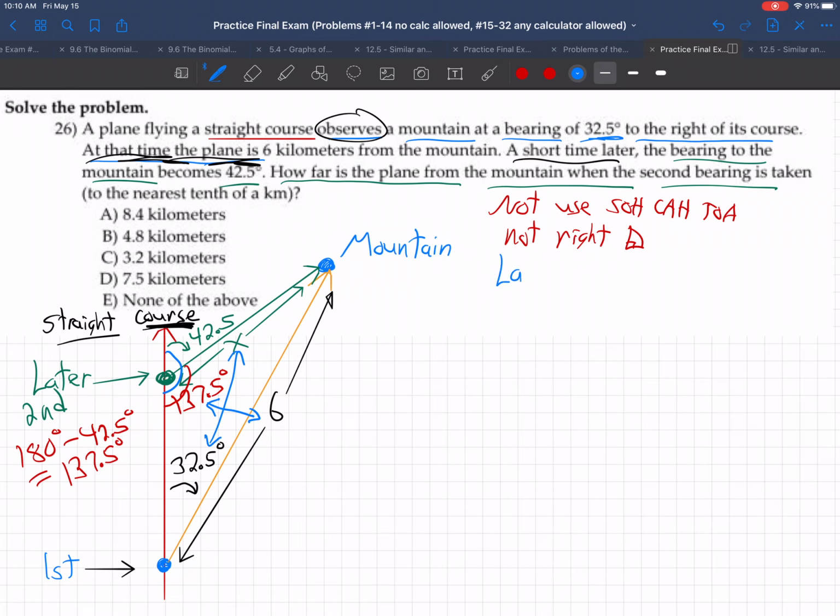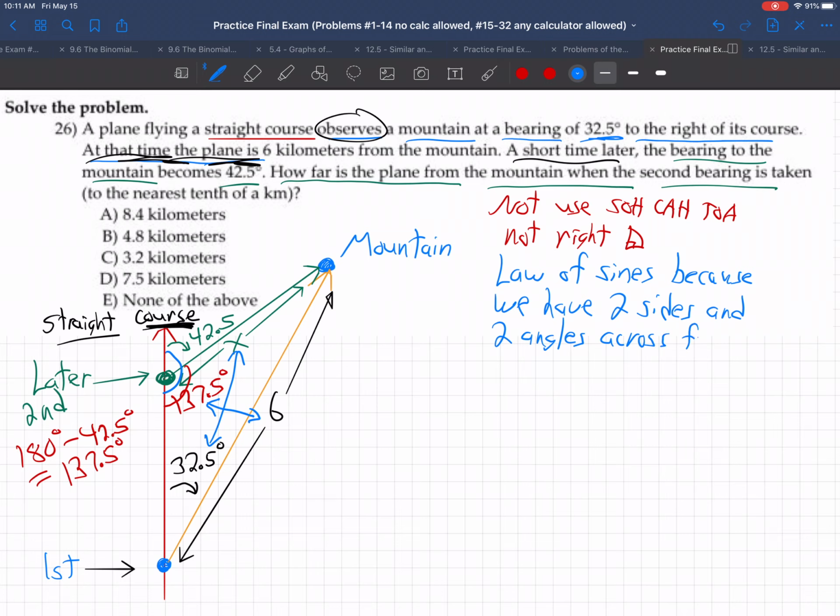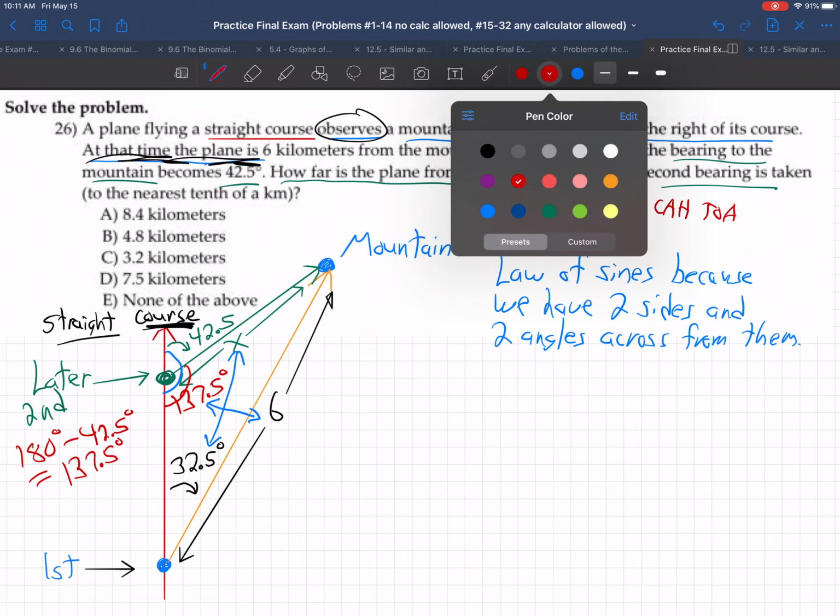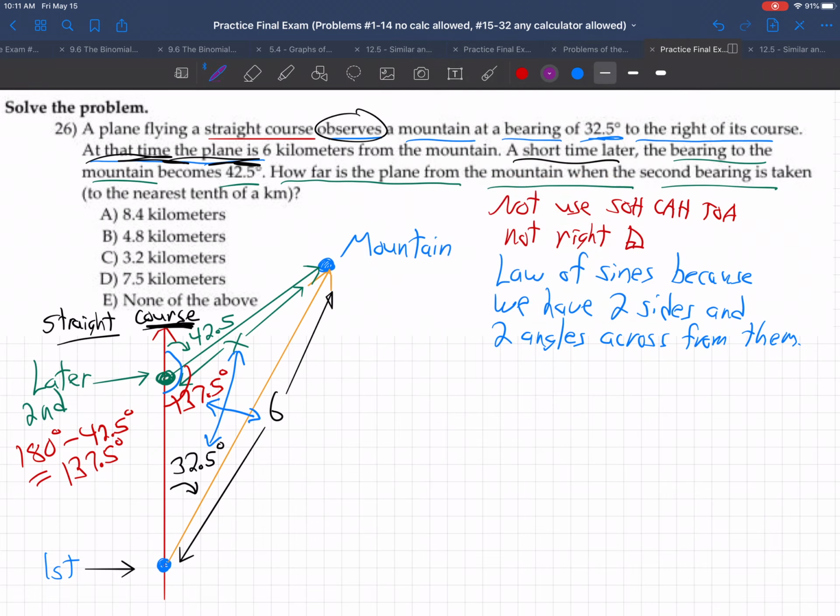So we're going to use law of sines because we have two sides and two angles across from them. So that's what we're going to use. So, okay, how's that going to work?